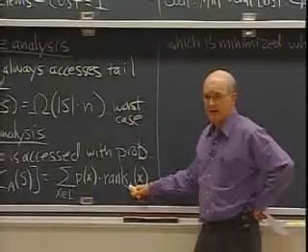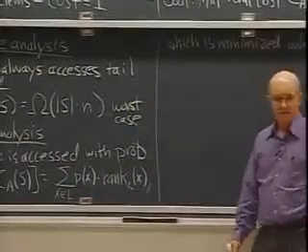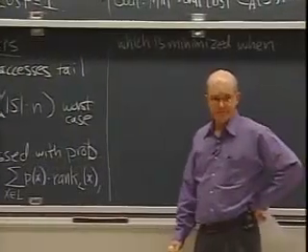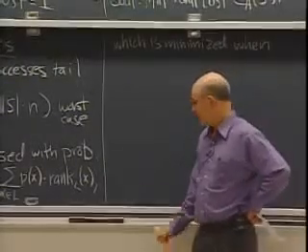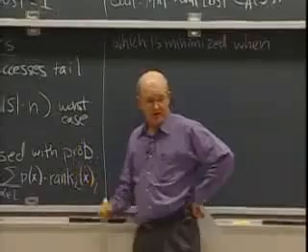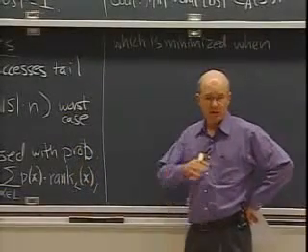So when is this summation going to be minimized? When the element that is most likely has the lowest rank, and then what about the other elements?